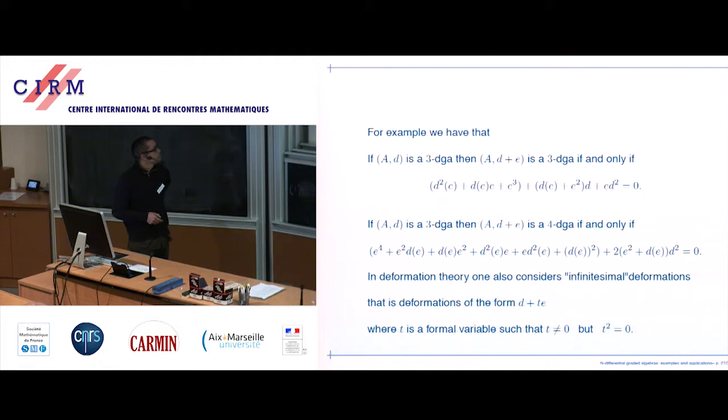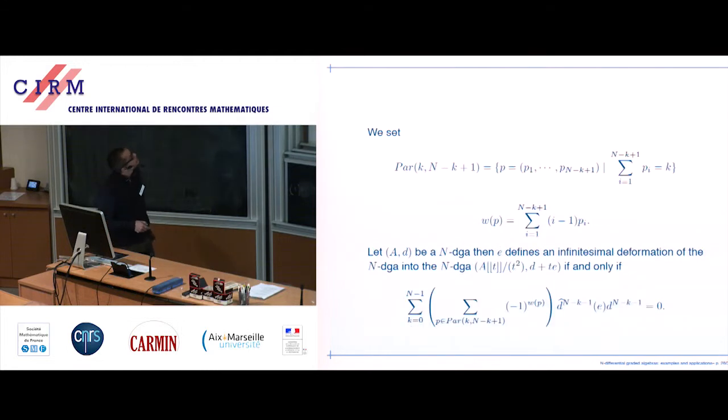And again, in this business, it's always very useful to discuss the infinitesimal case. So when you have a deformation, d plus te, where you assume that t squared is equal to 0, in this case you get a simpler equation. It is right here written, I think.